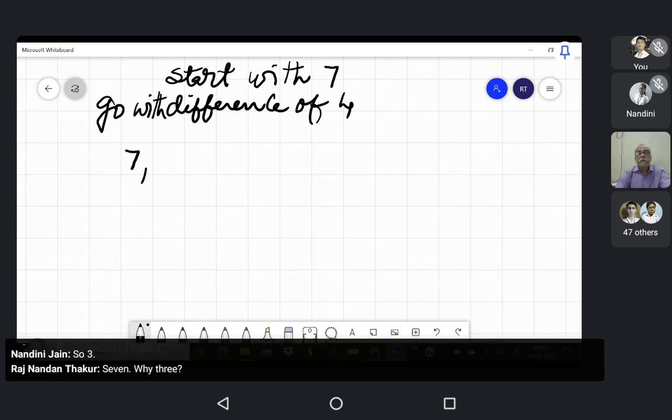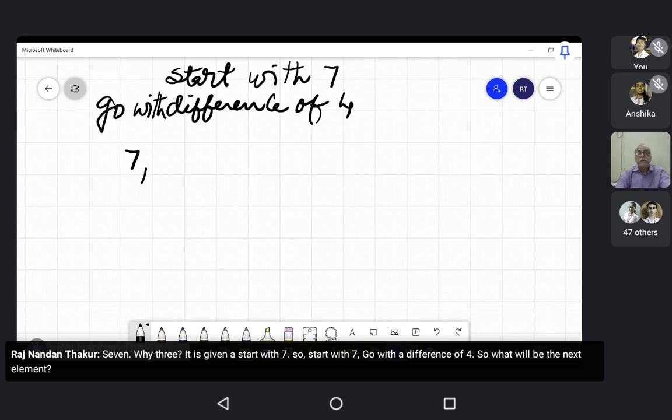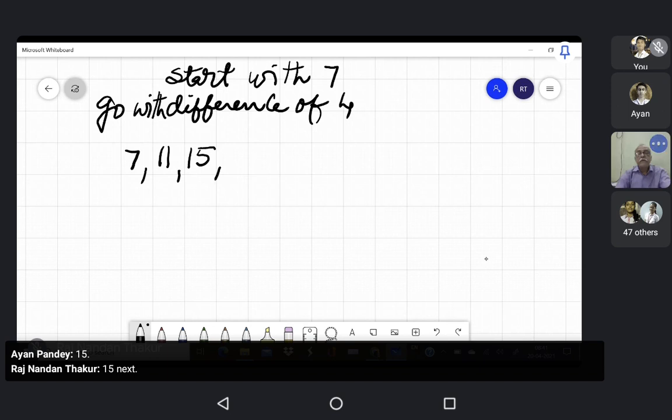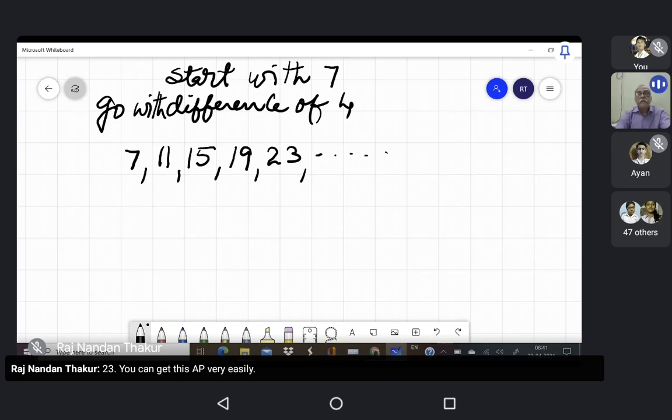Why 3? It is given: start with 7. So start with 7, go with a difference of 4. What will be the next element? 11. Next, 15. Next, 19. Next, 23. You can get this AP very easily or not?